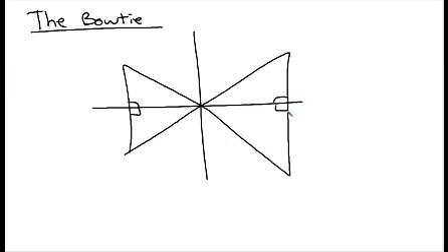The only thing that I want to point out on this picture is the places where the x values are positive or the y values are positive and where they're negative.